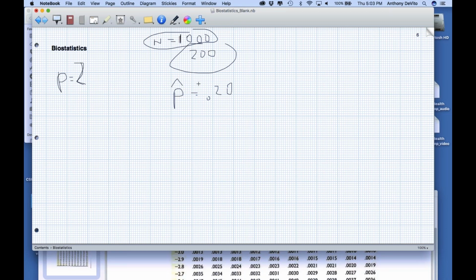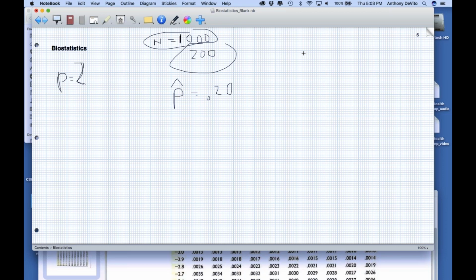I'm going to put a cap on that. That indicates that that's the sample proportion, the 20% from 200 out of 1,000. Now, if I go back and sample another 1,000 people, I might get 0.21. I might get 210 out of 1,000, or 199 out of 1,000, and so on. So the proportions have their own sampling distribution.